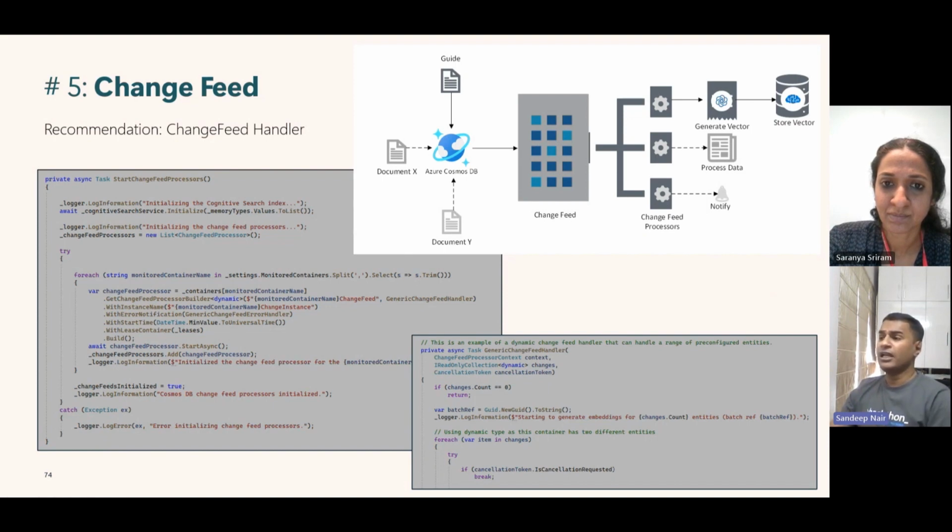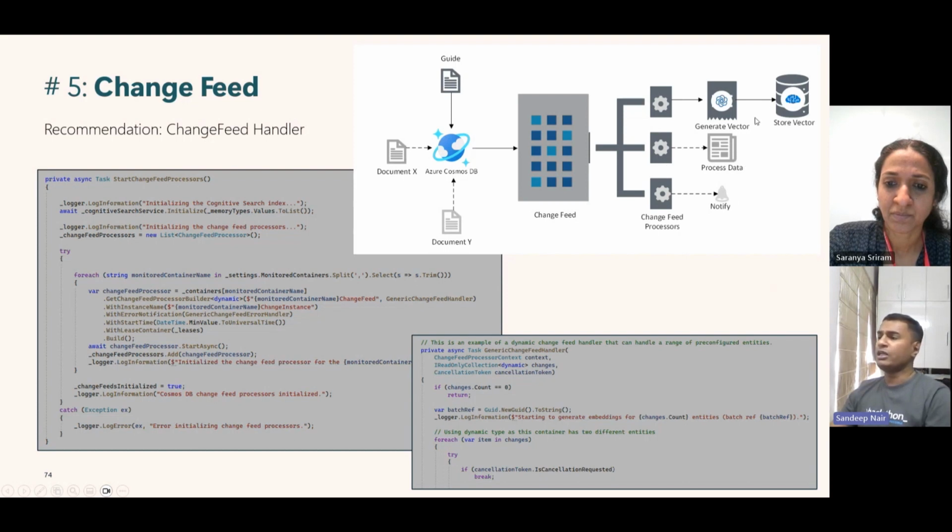This log can be read using what we call a change feed processor. You could have multiple change feed processors for a container also. If the number of changes to your container is very large, then you can have multiple change feed processors for the same container. But for simplicity, let's assume that there is one feed processor for one container here.